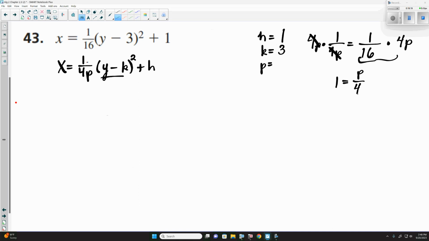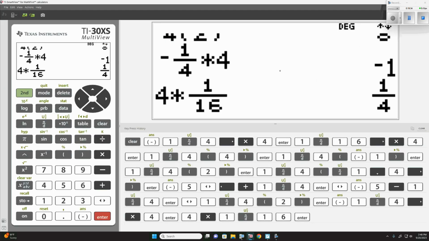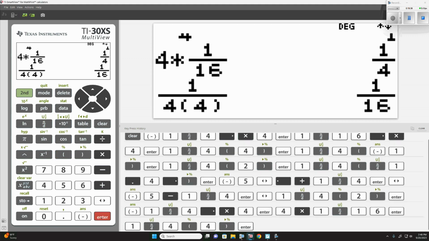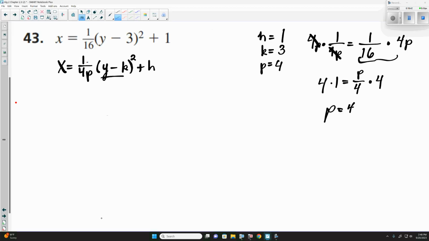Now what would we do next? Since we have p divided by 4, we would multiply both sides by 4, telling us p is 4. If we wanted to check this, we could say 1 over 4 times 4 is indeed 1/16, just like we started the equation with.